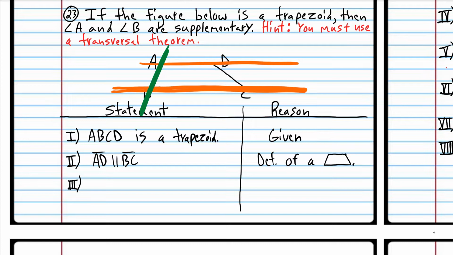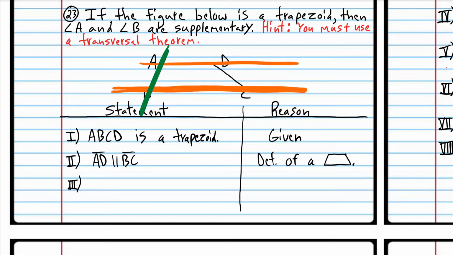We have the alternate interior angles theorem. We have the alternate exterior angles theorem, and the one that we're going to use is the consecutive interior angles theorem. If those orange lines are parallel, then consecutive interior angles are supplementary.